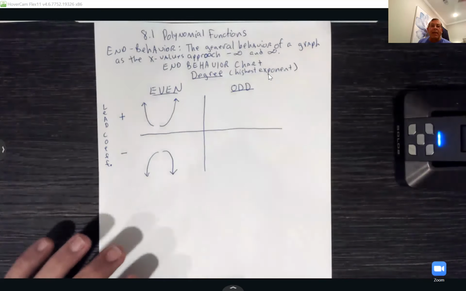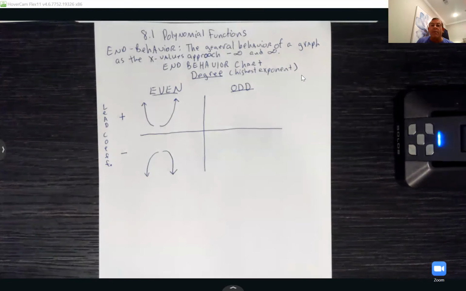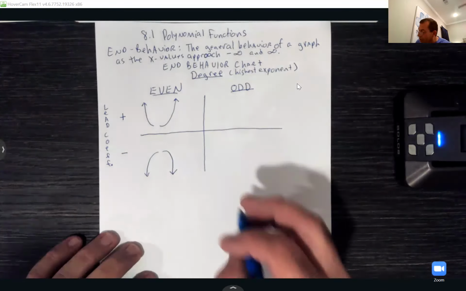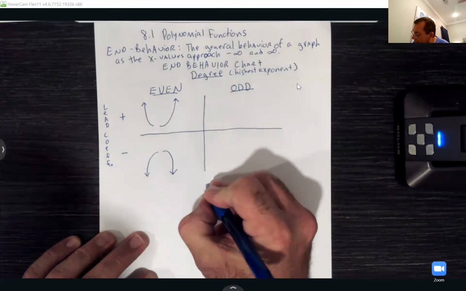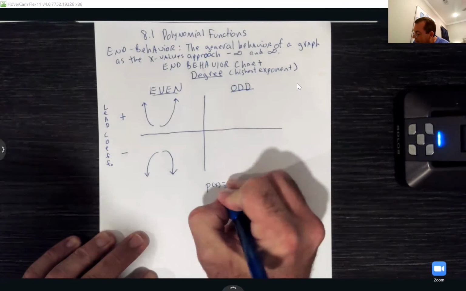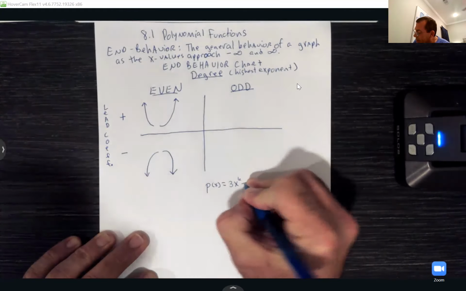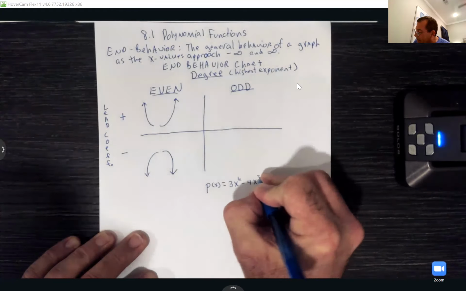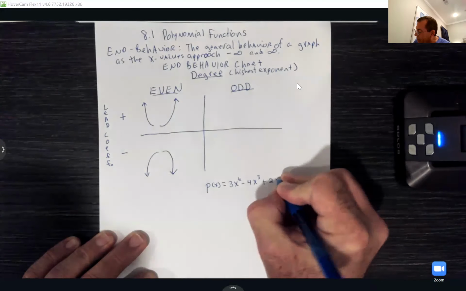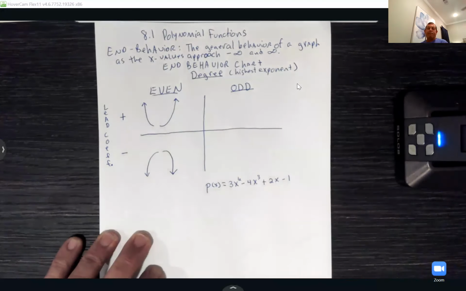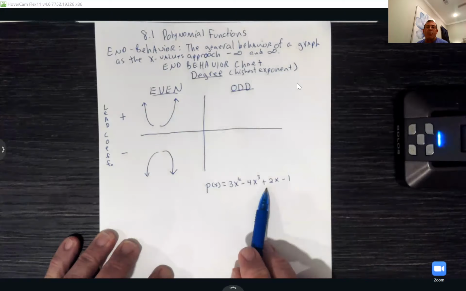So let me break that down real quick for y'all about a lead coefficient. So let me just draw a polynomial here. Say I had P of x equals 3x to the 6th minus 4x to the 3rd plus 2x minus 1. So here's my polynomial.